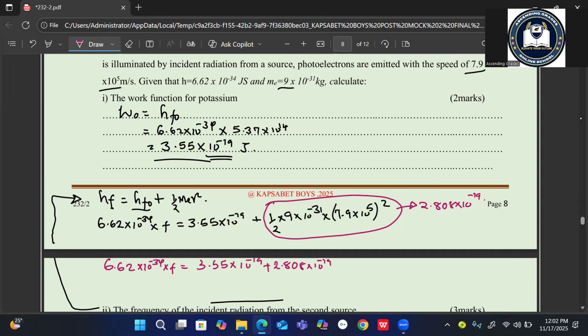If I want to remain with f on this side, then I'll divide through by 6.62 times 10 raised to power negative 34. Then my f will lead me to 9.604 times 10 raised to power 14 hertz. That will be the value of the incident frequency.